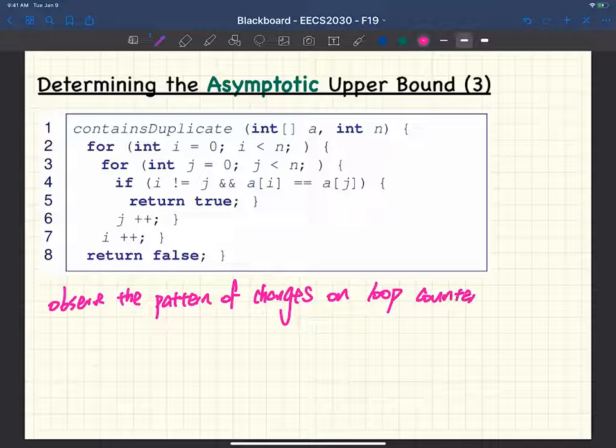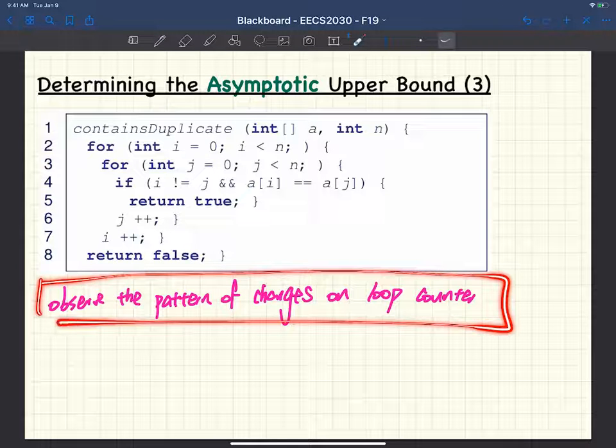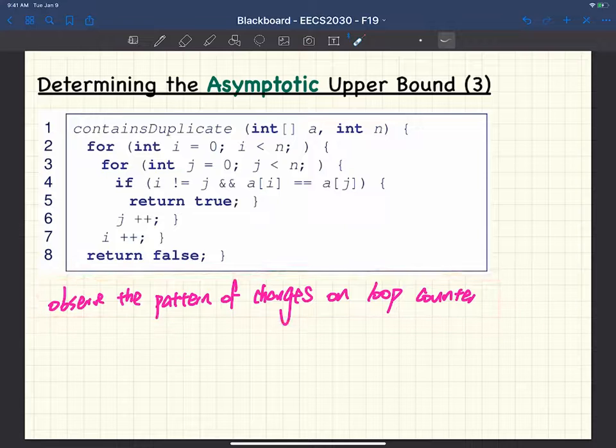This is a principle I want you to remember, the pattern. How do we observe the pattern? You have to derive a little bit. I'll show you. Let's say for this one here, let's start with the first line, second line.